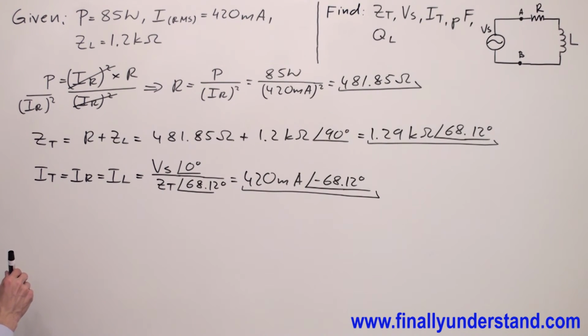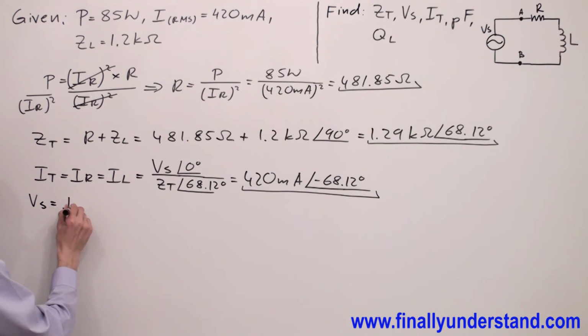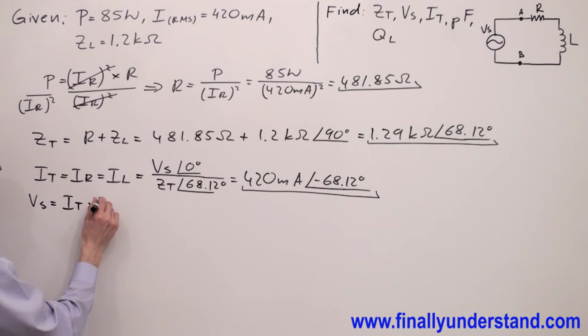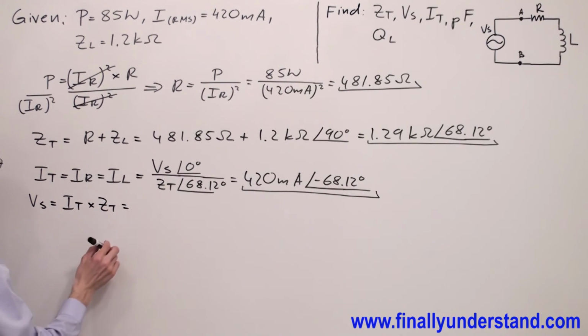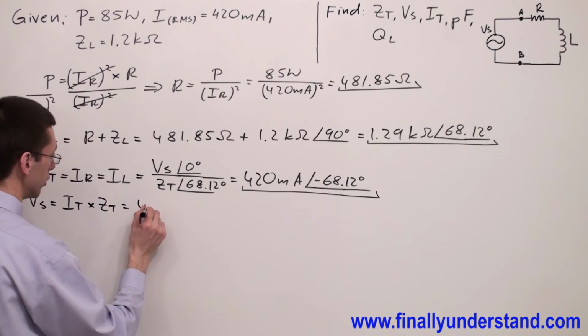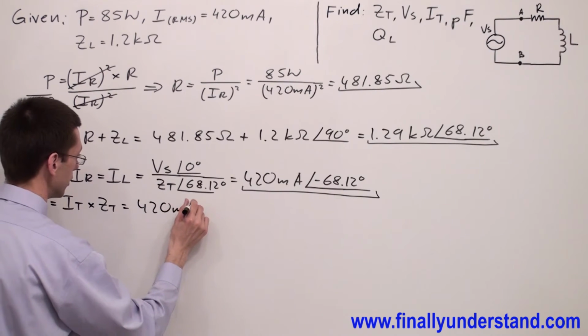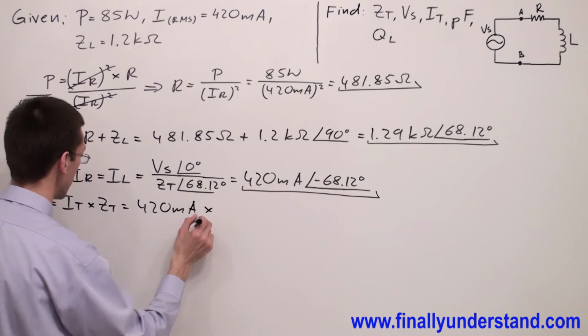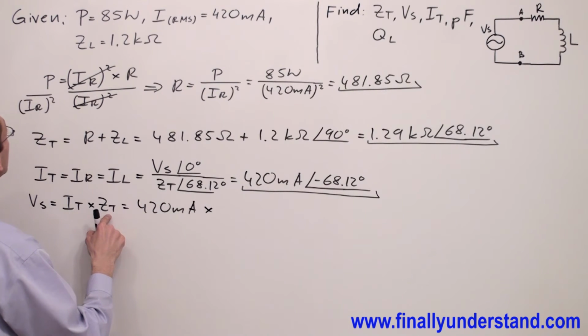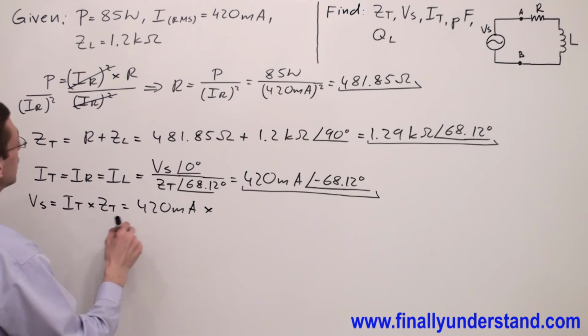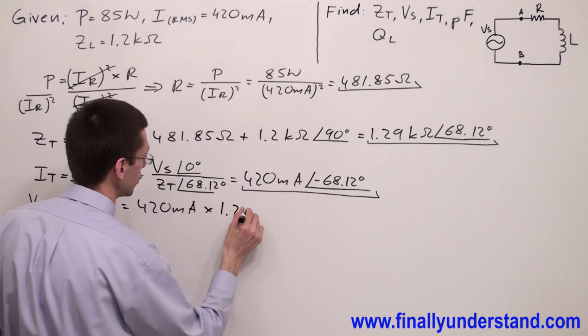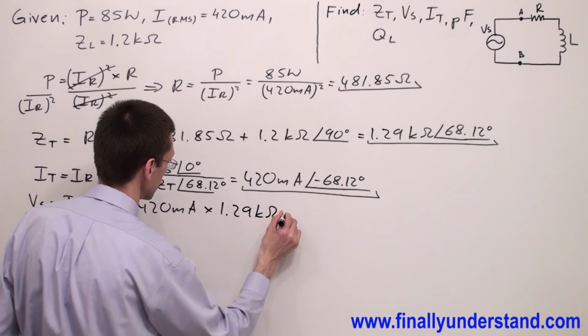Next, I'm supposed to find the voltage source. Okay, so voltage source is equal to I total times Z total, where I total is equal to 420 milliamps times Z total, which is equal to 1.29 kilo ohms.